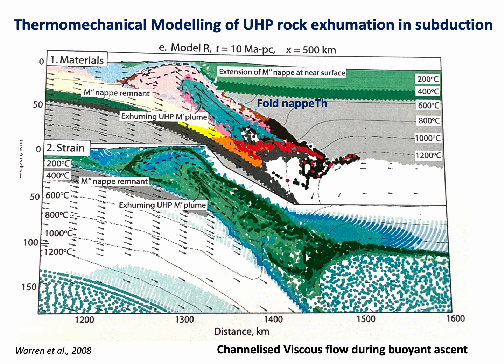Thermomechanical modelling of ultra-high pressure rock exhumation by Warren, Beaumont and Jamieson in 2008 shows how channelized viscous flow in a subduction zone during buoyant ascent of a subducted margin can produce a large-scale fold nap.